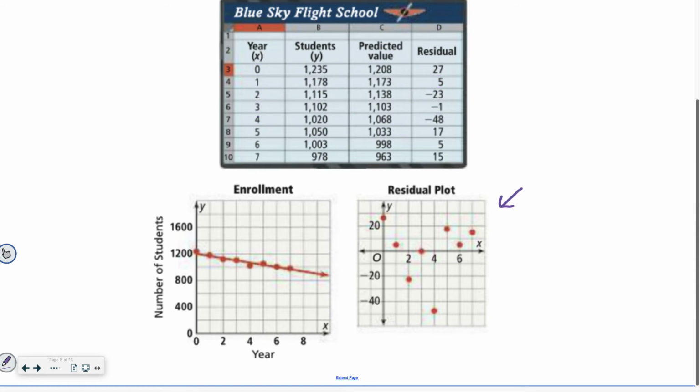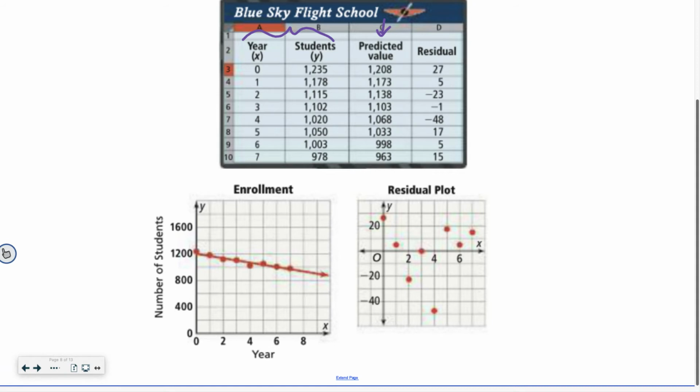The x and y values were also used to make this graph, and the line of best fit was drawn in on the enrollment graph. Okay, so we have our enrollment graph with the actual points, our line of best fit. Then we have the residual plot to help us determine if it was a good fit.